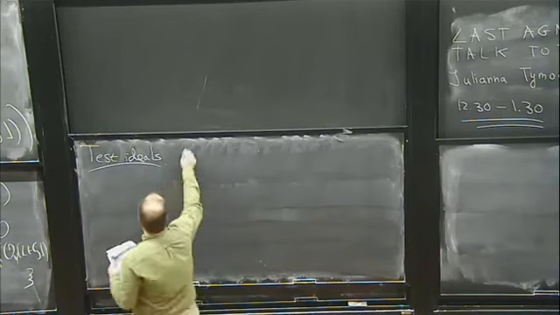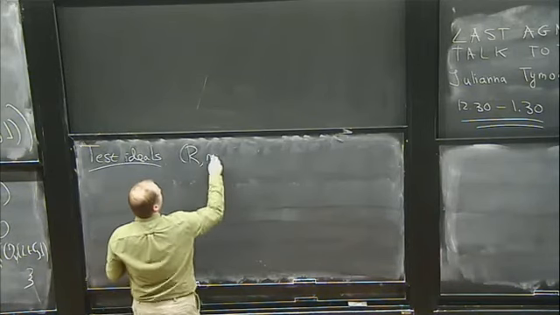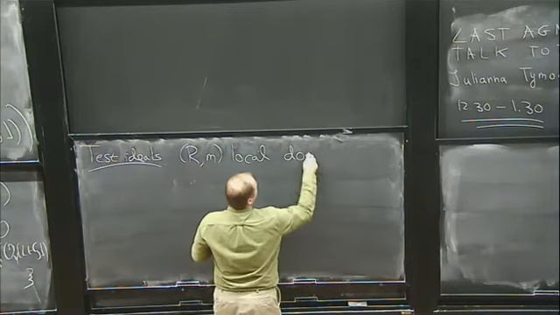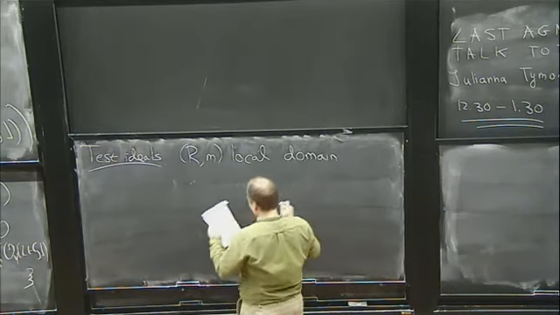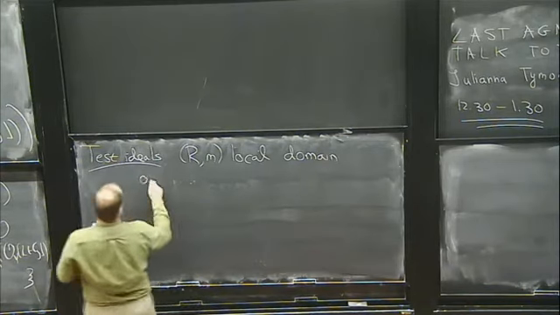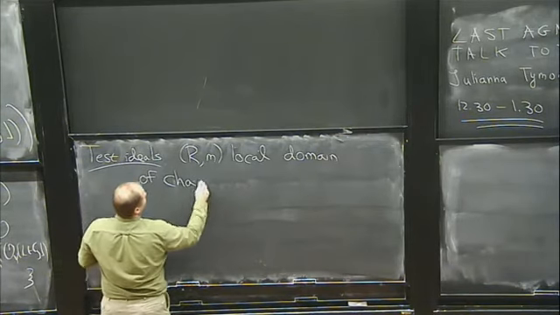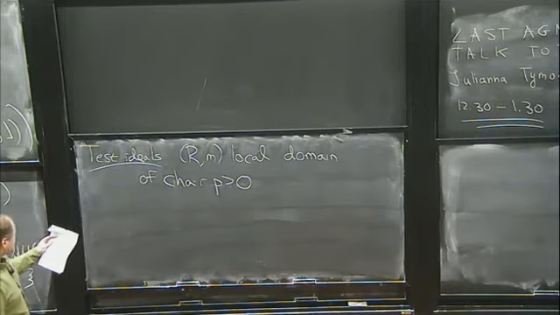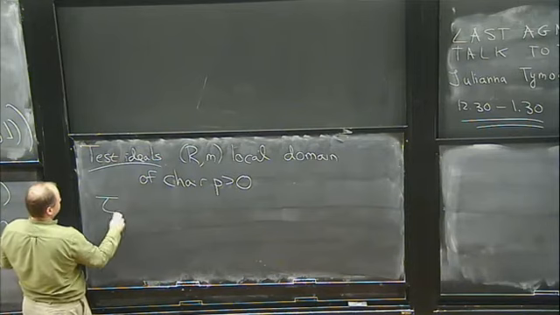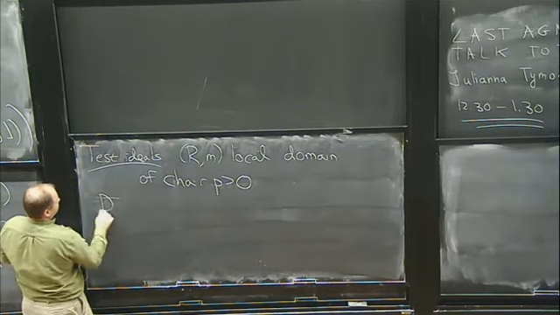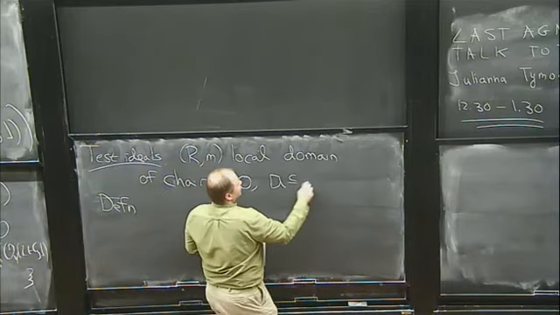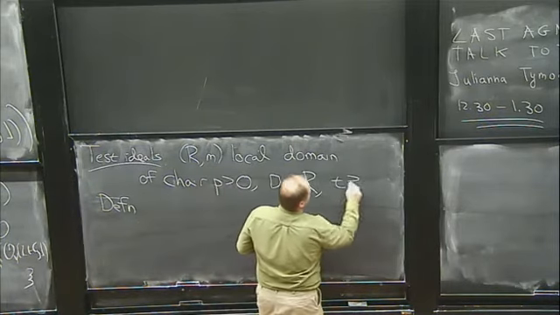But let's say (R, m) is a local domain or regular ring of characteristic p. And so then the test ideal: A is an ideal in R, t is bigger than or equal to 0.